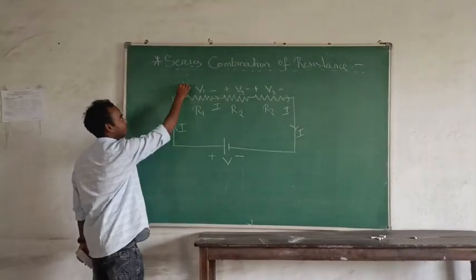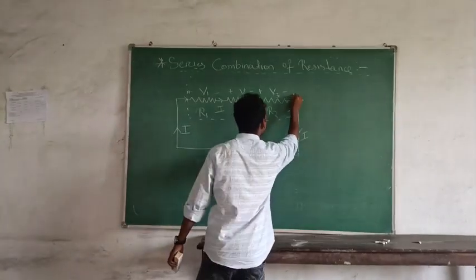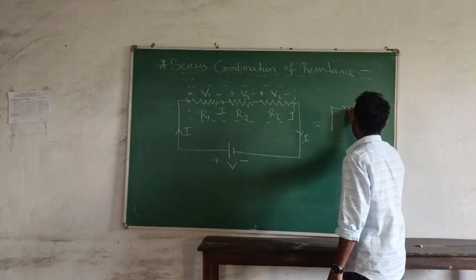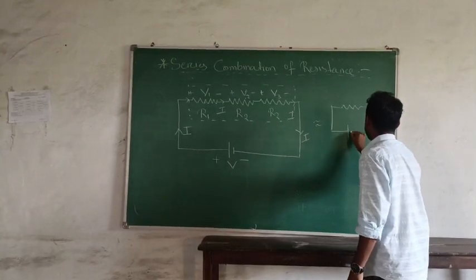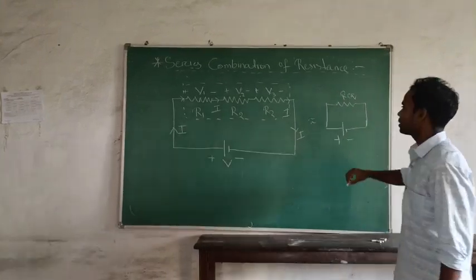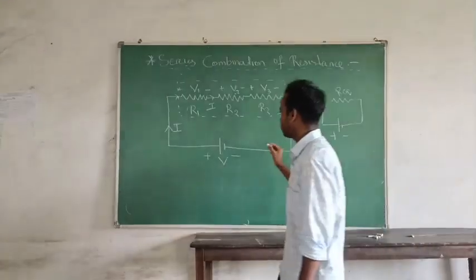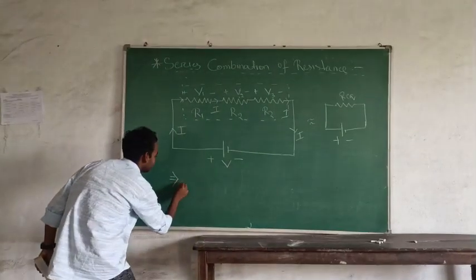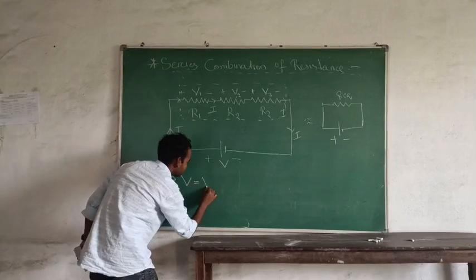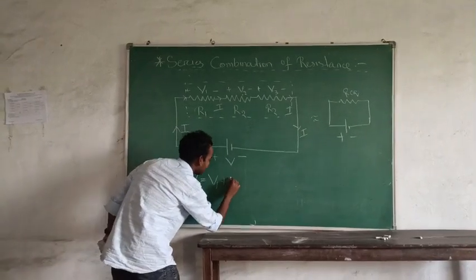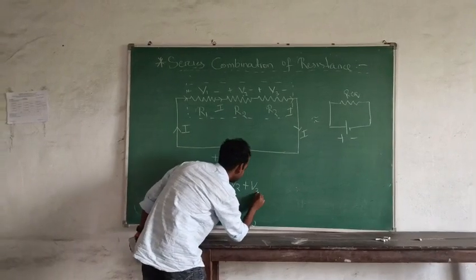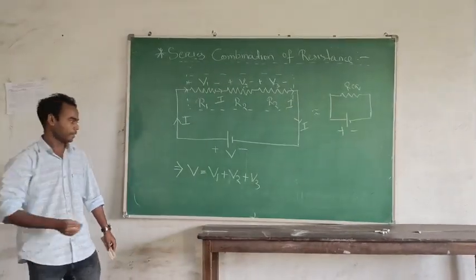So I can write it in terms of an equivalent resistance, R equivalent, which stands for equivalent resistance. So from this I can say V equals the total potential across the particular resistances, that is V1 plus V2 plus V3.